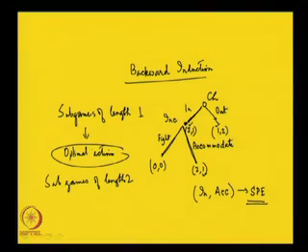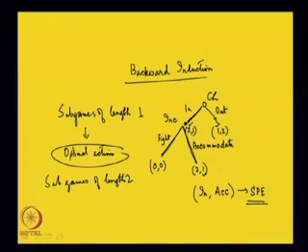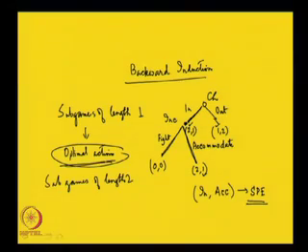Then we look at the players who are at the beginning of the subgames of length 2 and we try to figure out what are their optimal actions given these optimal actions of subgames of length 1.